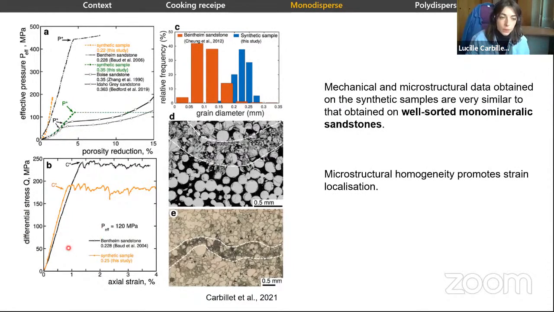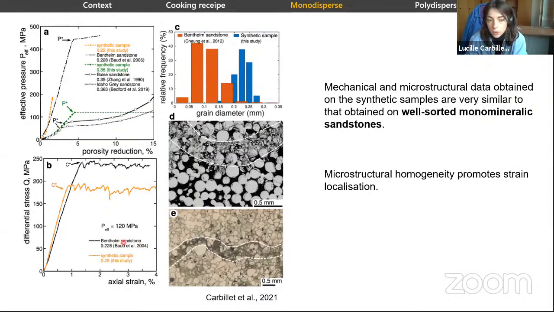If we compare the results for triaxial compression experiments at high effective pressure, you have an example in figure B with the differential stress against the axial strain. The orange curve is for a synthetic sample, and the black curve is for Bentheim sandstone.